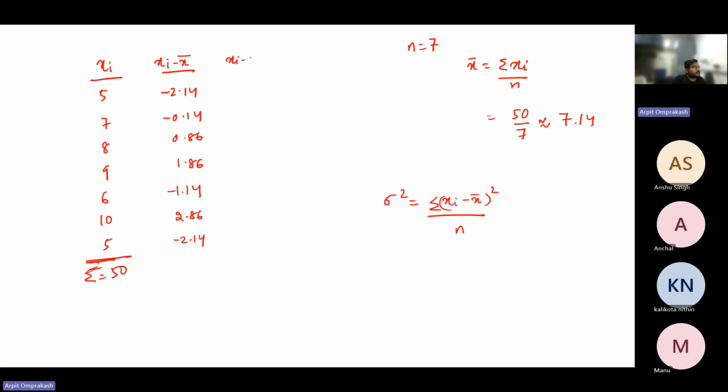Then we have the whole square. So yeah, we have to use a calculator here.